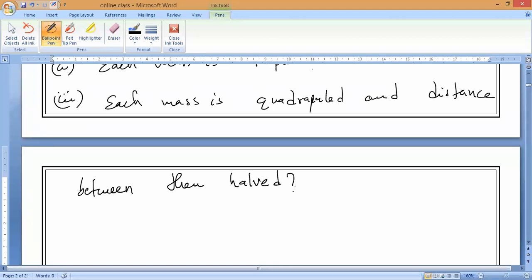What do you mean by halved, Laksha? Jayvarshini? Sir, become 1/2. Halved means half. Okay. Next, the fourth one.